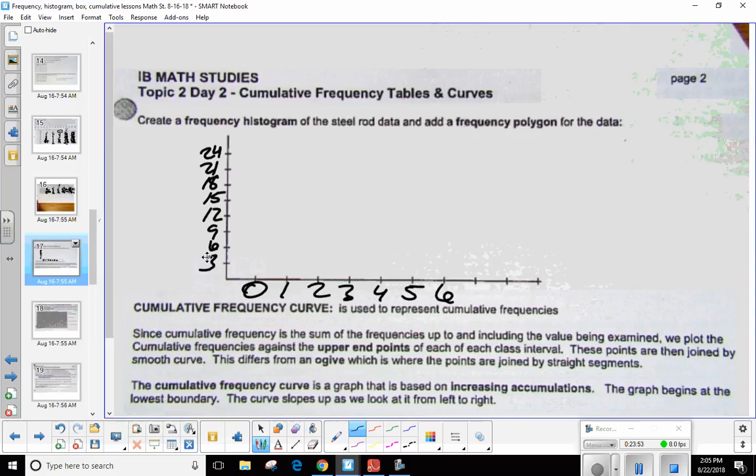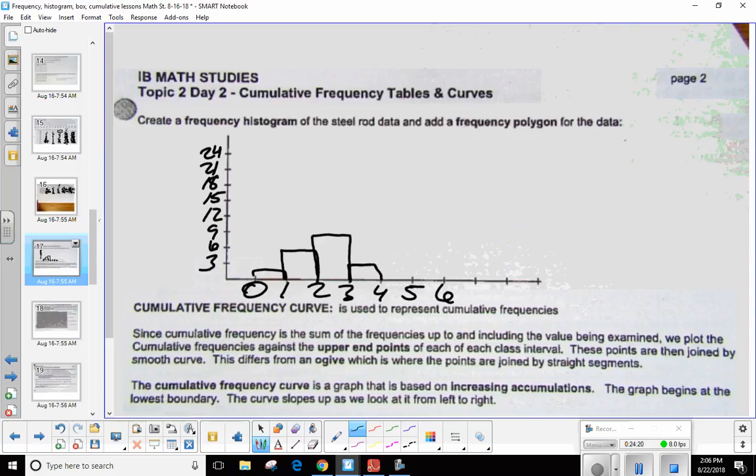So from 0 to 1, we have 1. I'm marking the whole. And then 5, 8, and then 3. That's a nice one.